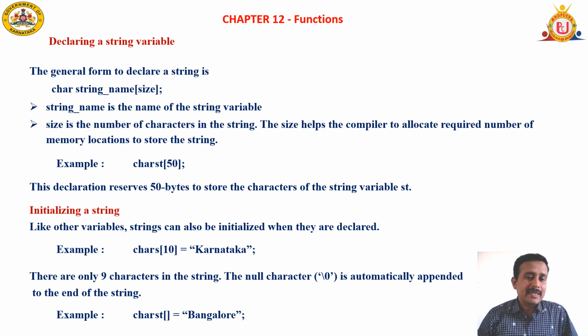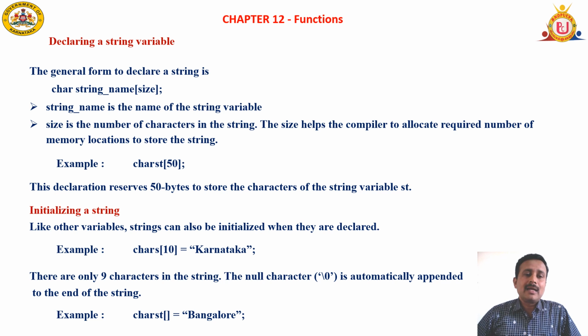And within square brackets, we have to specify the size, from 1 to 256, any number of characters we can assign. According to the user's wish, they can give the string name. Within the brackets, we specify how many characters we need.